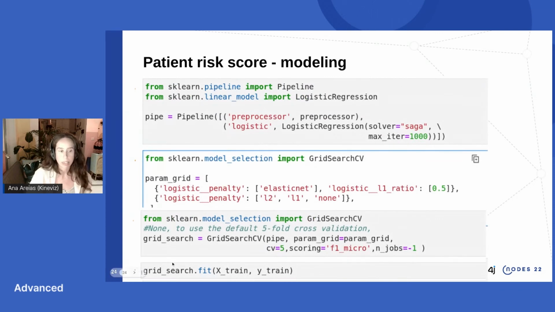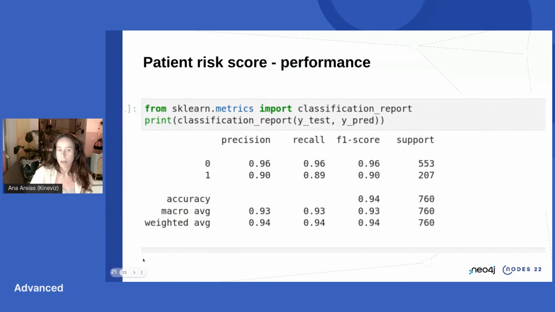Here we do some tuning for some regularization parameters. And finally, this is our performance, and it's not bad. We're 96% capable of identifying those that get discharged, and around 90% able to identify who expires. So that's not bad.